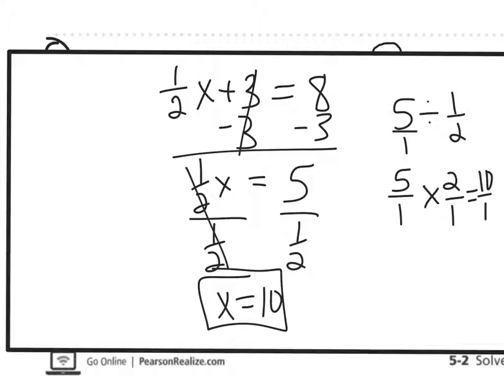The other method, this is the way I prefer doing the problems personally. The other method is a little bit complex on this problem. You would have to do 8 minus 3 and divide that by 1/2.